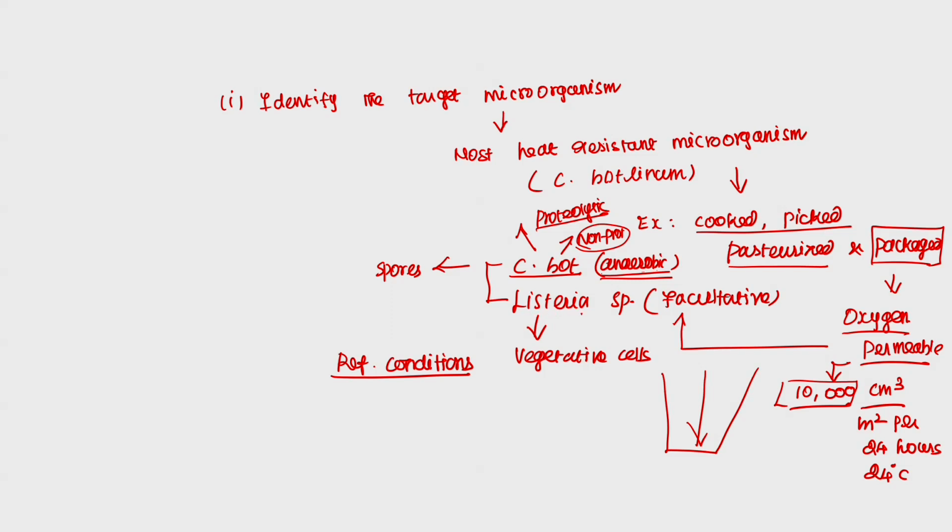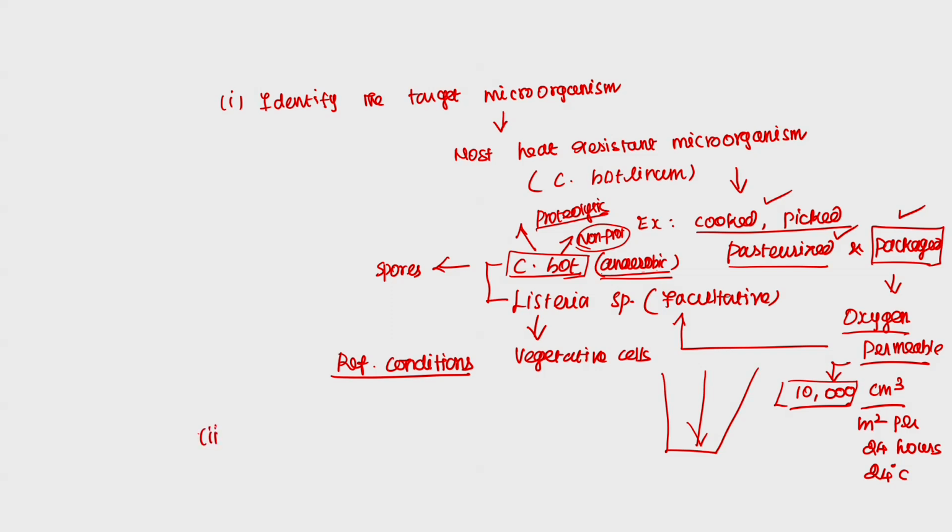At the same time, Listeria species can also grow in the refrigeration condition, but compared to CBOT it is less heat resistant, so we can choose CBOT as the target organism. So it is not only the food, but the packaging and the thermal process applied, everything has to be taken care of while selecting the target organism, which is the most heat resistant microorganism.